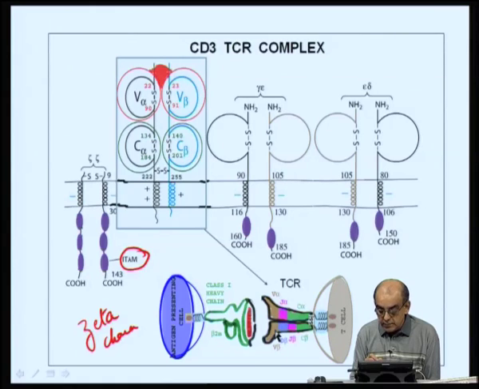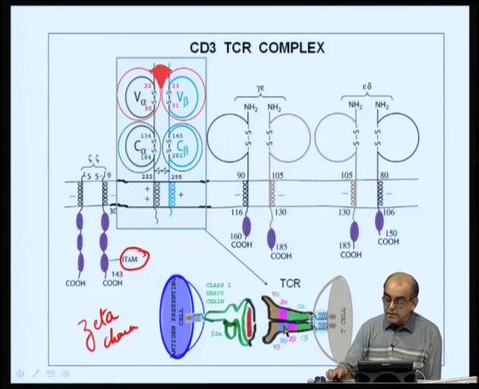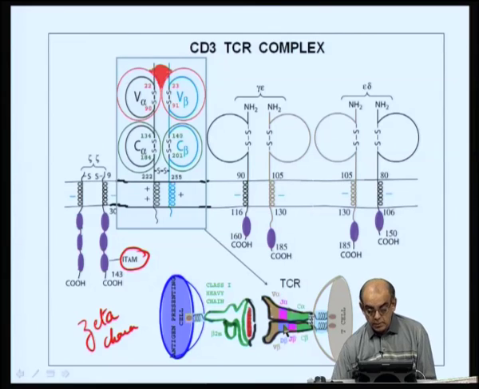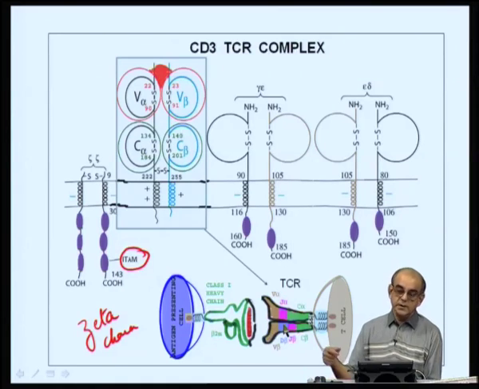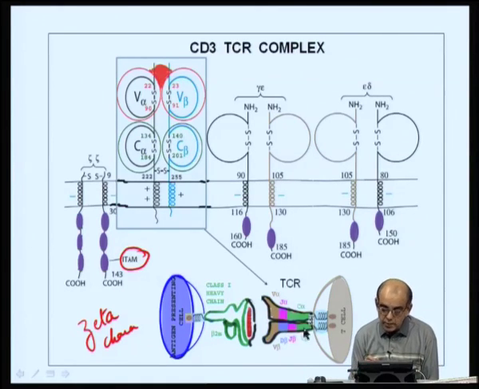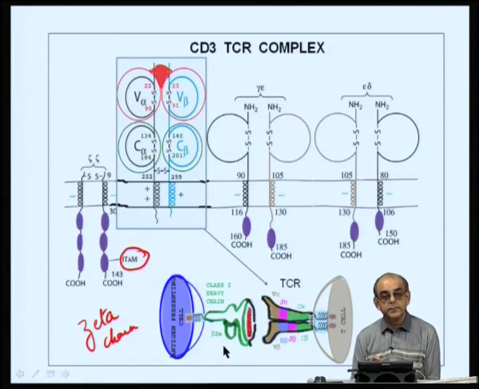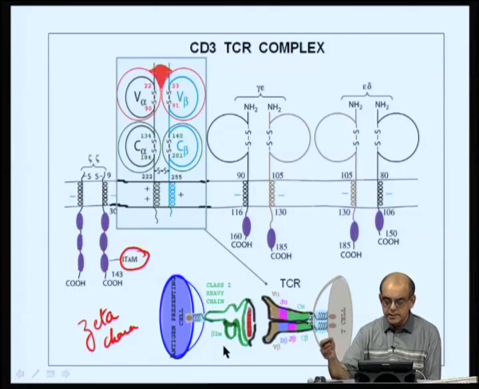So, in addition to these variable portions that are found in these two subunits, whether they are alpha or beta, you have, just like in the heavy chain of immunoglobulin molecules, the participation of diversity segments and joining segments corresponding to the genes that make the diversity segments as well as the joining segments. In addition, of course, there is a constant segment, as you saw here, the constant domains. And in the case of immunoglobulin molecules, these constant regions are made up by the immunoglobulin classes like IgG, IgM, IgE and so forth.